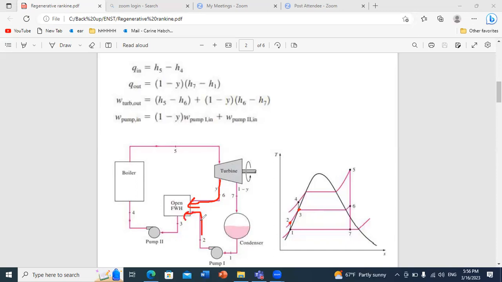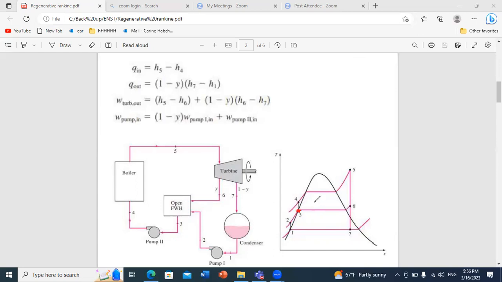So here we can find a relation between points 2, 6, and 3. And point 3, in general, we can determine. We know it. Why? Because it will be in the saturated liquid zone.